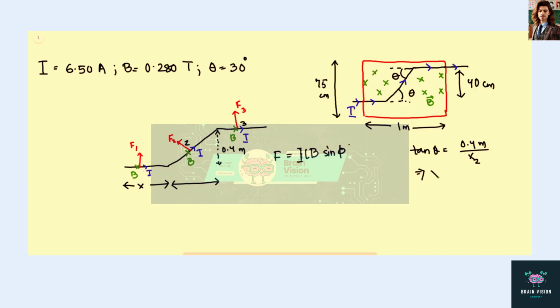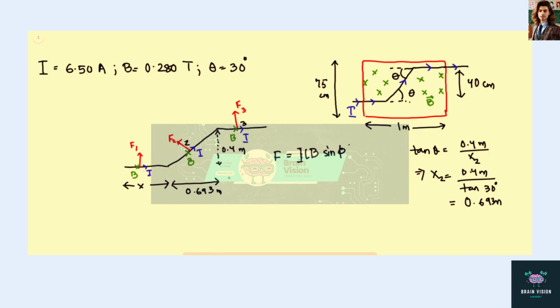That implies that x2 will be 0.4 meter over tan theta, where theta is 30 degrees, and this gives the value to be 0.693 meter. That means the length of this is 0.693 meter.